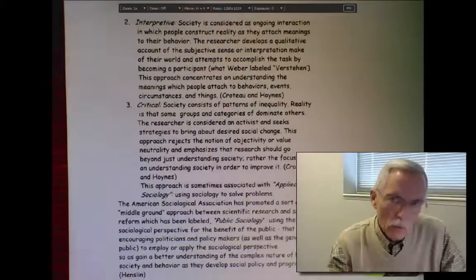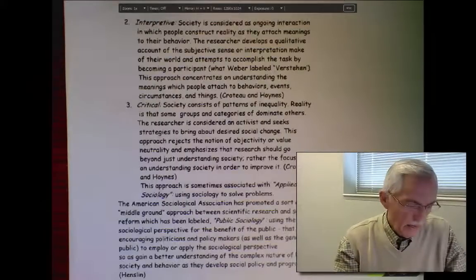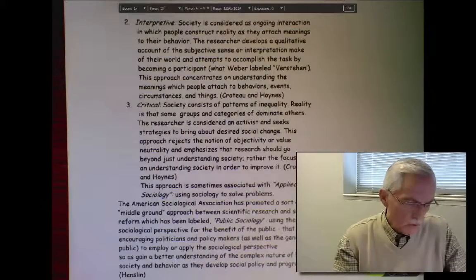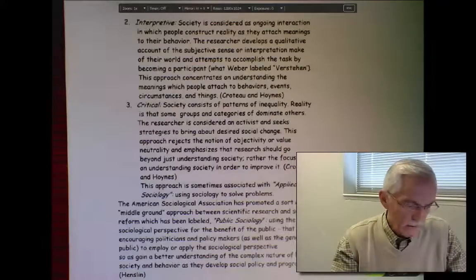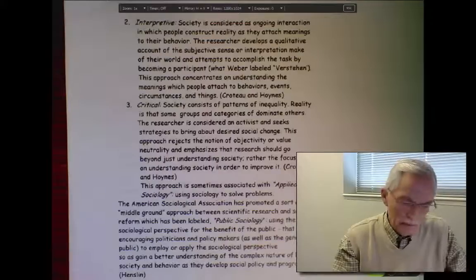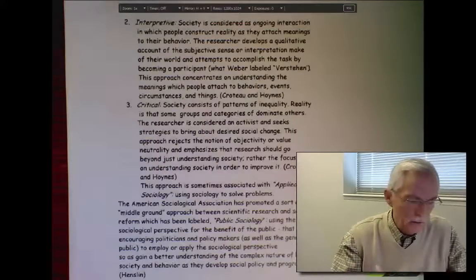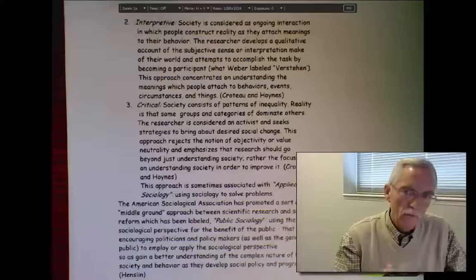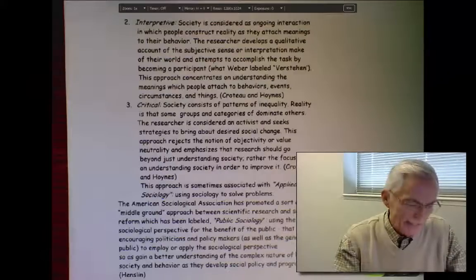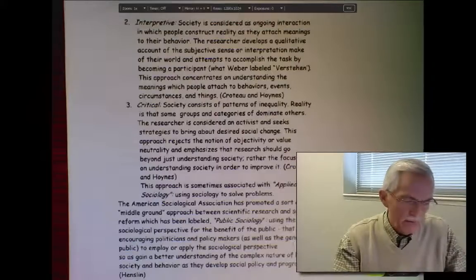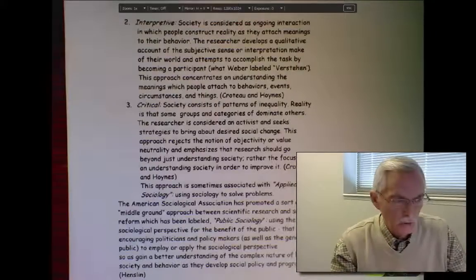The critical approach, on the other hand, argues that the researcher should be, or has to be, an activist, an advocate for change, rather than a detached and objective observer. Furthermore, critical sociology emphasizes that research is to be aimed at understanding and analyzing human social life in order to bring about greater equality, to bring about change.